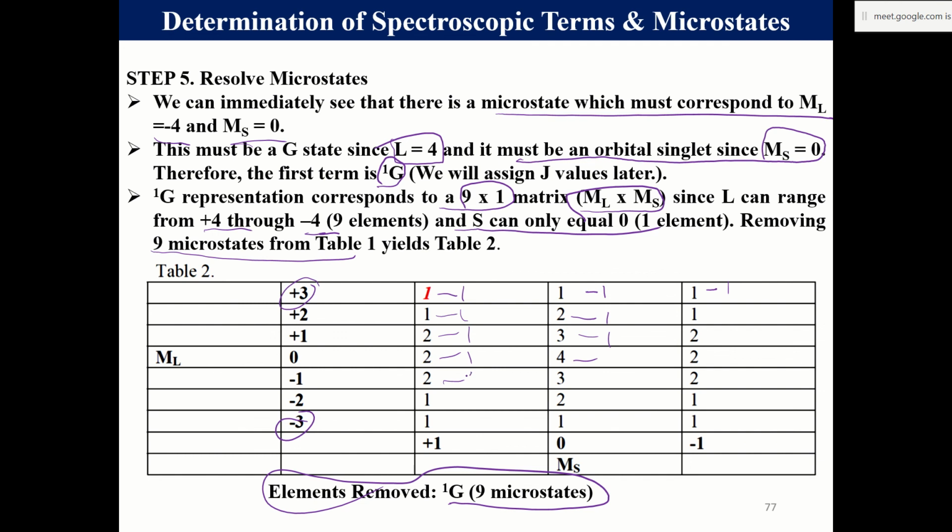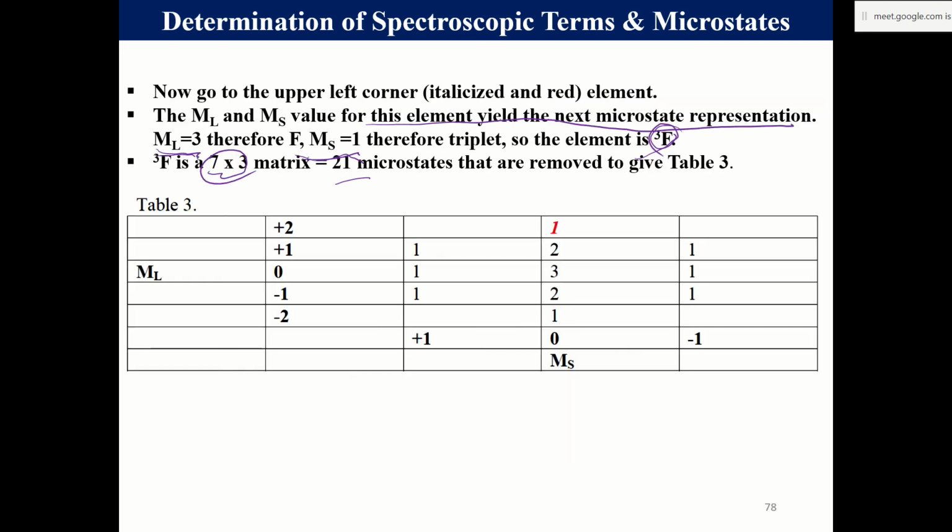So all go on subtracting and write a new table. Sorry, not here. This is the representation of ms 0. So like that. So the new table that you will make will have the terms that have gone. So after removing these 21 microstates, you are left with plus 2 and minus 2 as the highest ml. So again follow the same procedure.